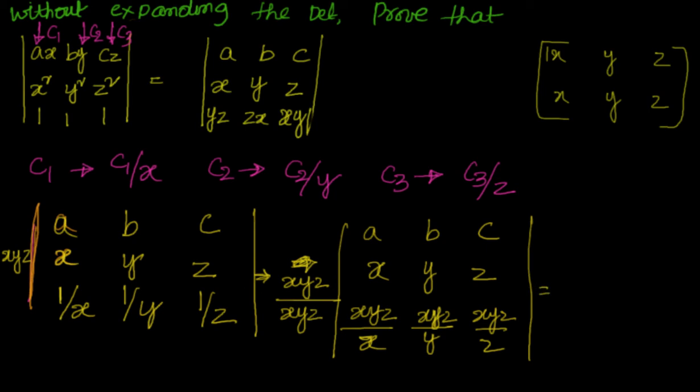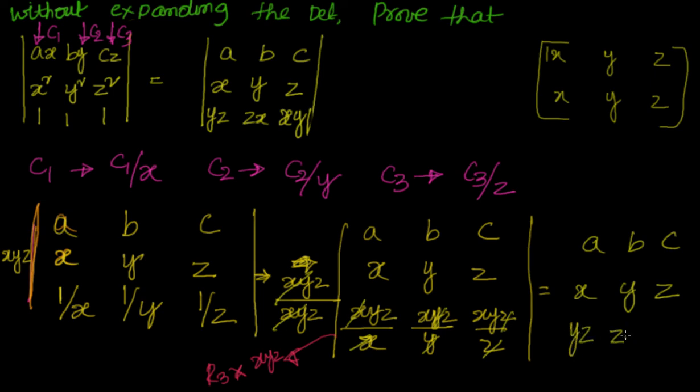We have applied R3 into XYZ, and we divide it outside by XYZ so that the value is not changed. This is nothing but equal to A, B, C, X, Y, Z; XX cancels, YY cancels, ZZ cancels. We'll have YZ, ZX, XY. That's nothing but what we need to prove.